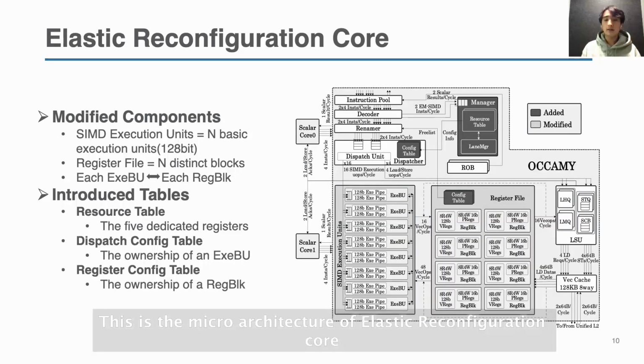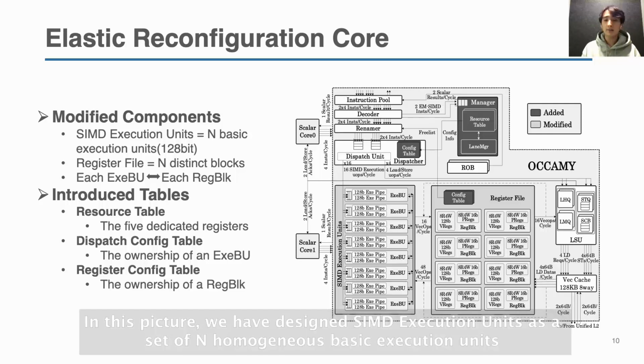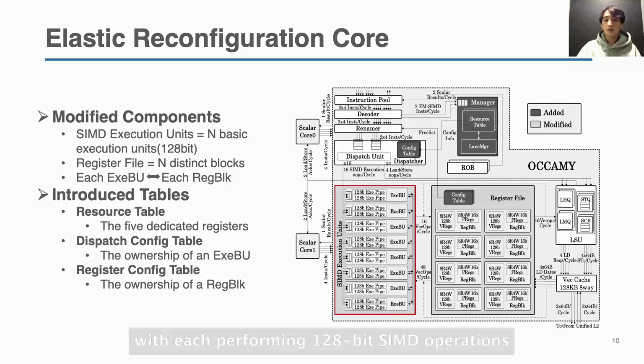This is the microarchitecture of the elastic reconfiguration core. In this picture, we have designed the SIMD execution units as a set of homogeneous basic execution units, each performing 128-bit SIMD operations, and the register file is partitioned into n blocks. Each basic execution unit is connected to a register block.